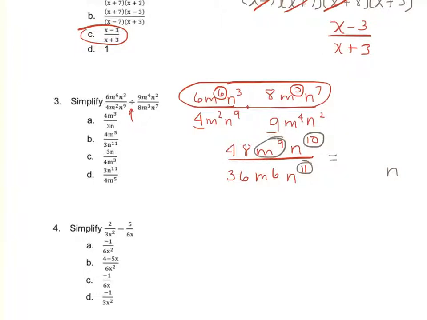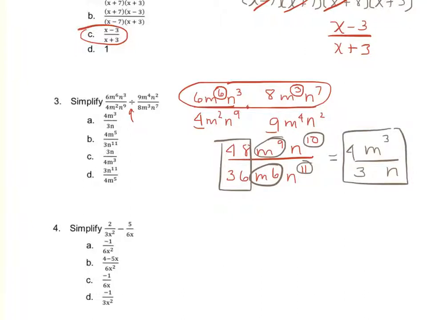We got 9 m's on top, 6 on the bottom, so that's 3 extra ones there. And then 48 over 36, those are both divisible by 12. 48 divided by 12 is 4, and 36 divided by 12 is 3. So I have 4m cubed over 3n. That looks like answer A.